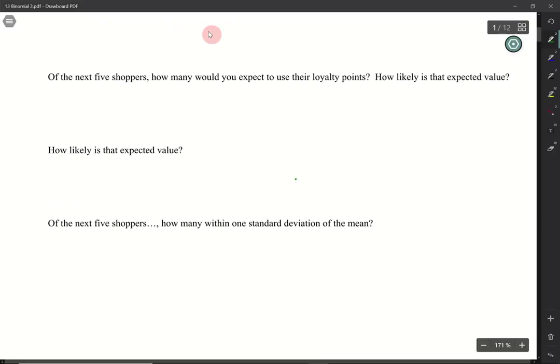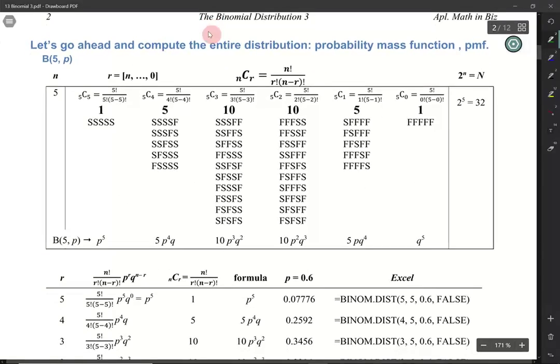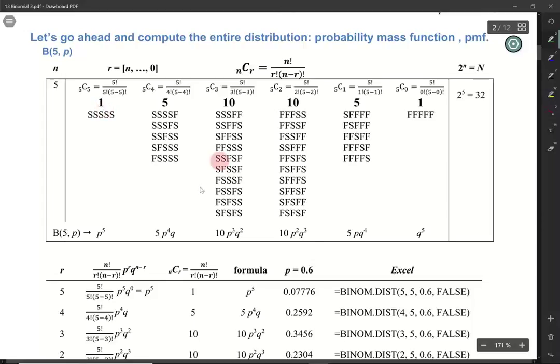Okay. The other thing that we've looked at is the sample space. Although we've never looked at the sample space quite like this before. Here everything is kind of different, but it's really the same in a certain sense.